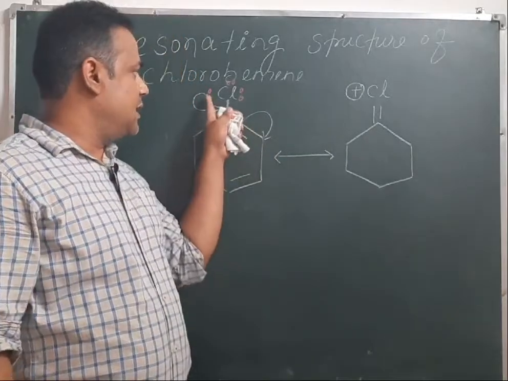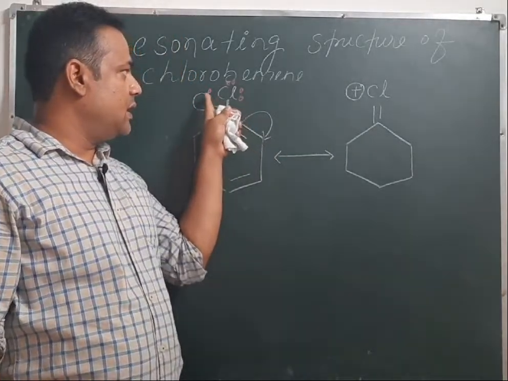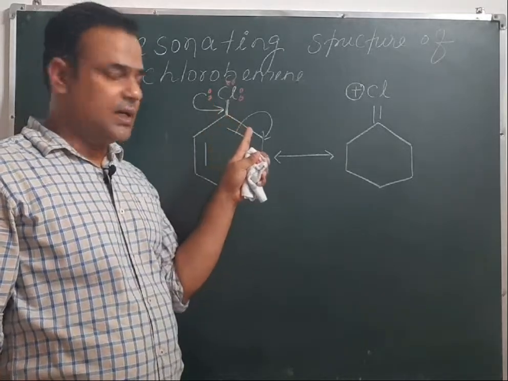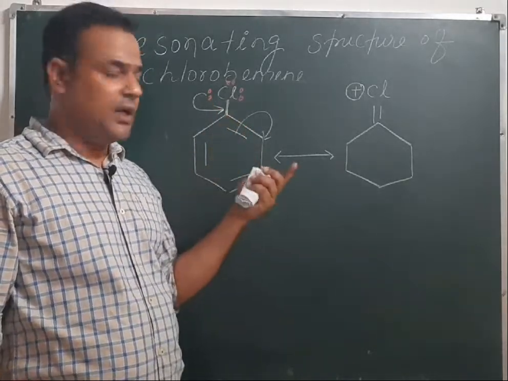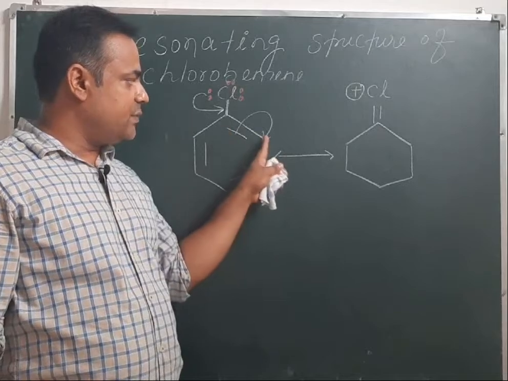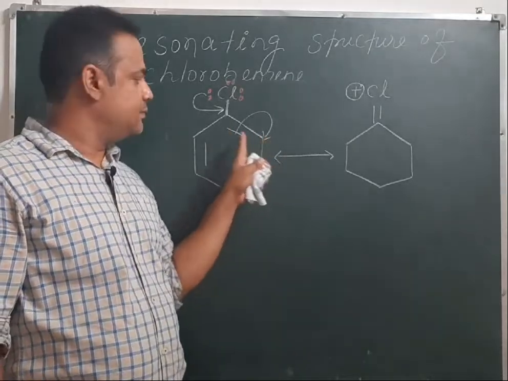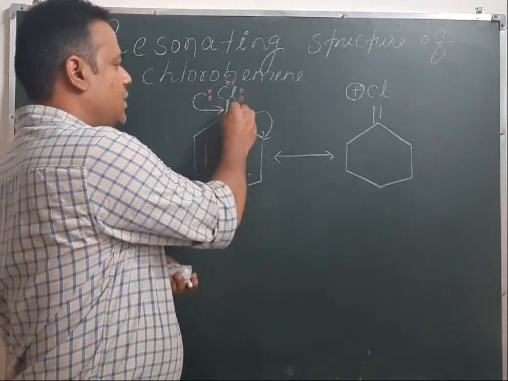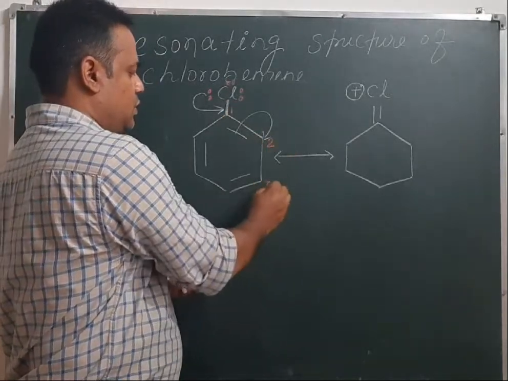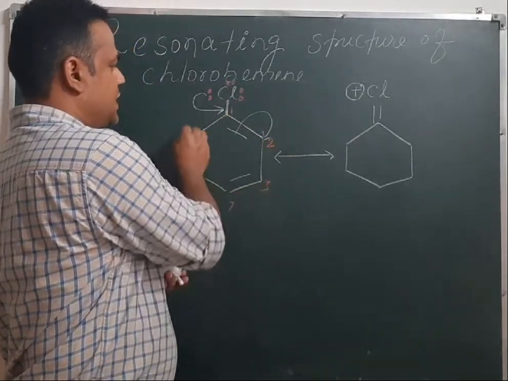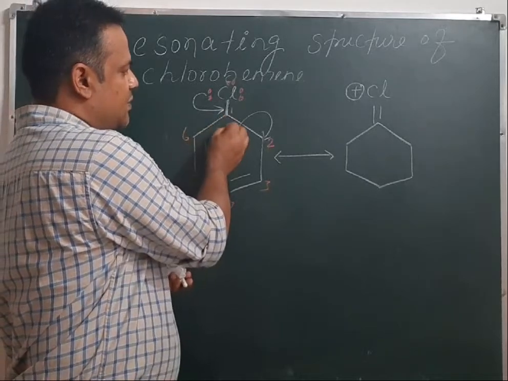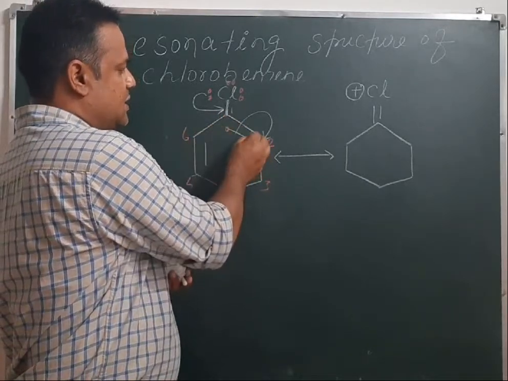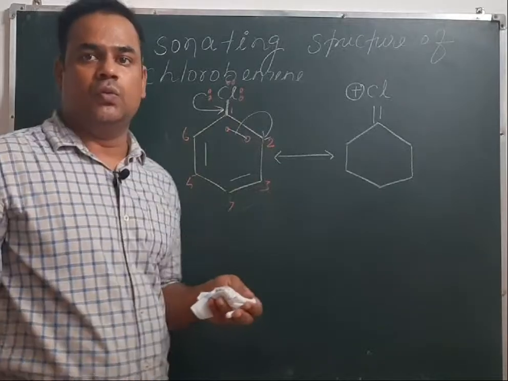Because this electron pair, here two electrons are there. You can understand this in this way, that when this pi bond shifts onto this carbon atom, here there are two electrons, one electron shared by carbon number 1 and one electron shared by carbon number 2.